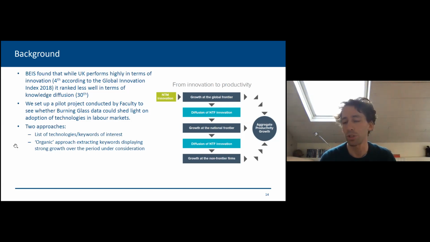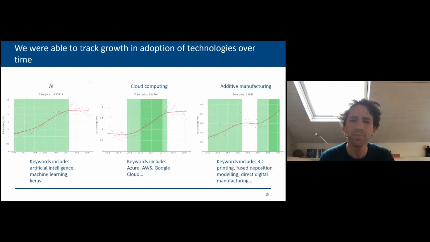We had 2 approaches. First of all, just look for a list of keywords of interest linked to technologies. And secondly, a more organic approach where we looked at which keywords grew the most over the period we considered. Next slide, please. This shows some of the results.